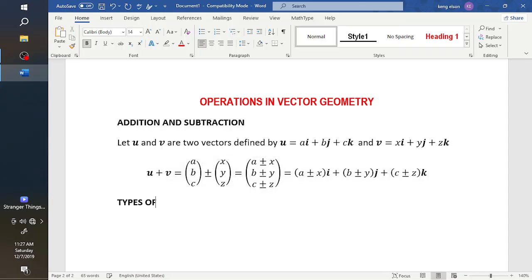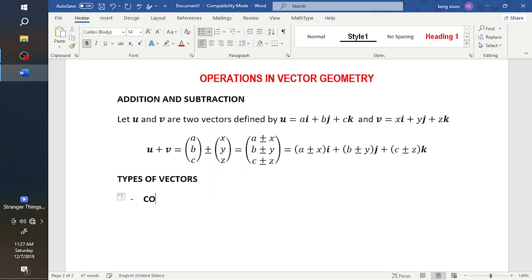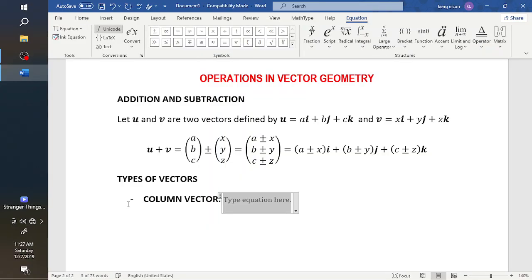So, types of vectors. Now we have what we call the column vector. Any vector that is just made up of a single column with many rows. Let us give an example of a column vector.